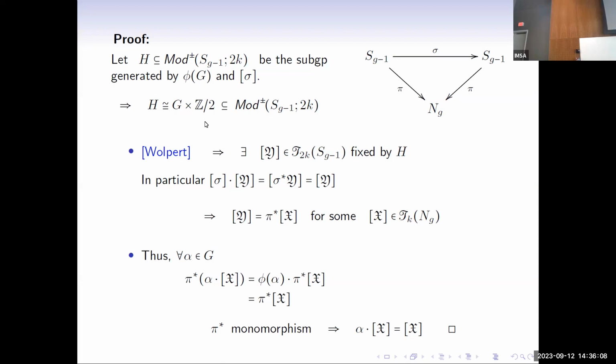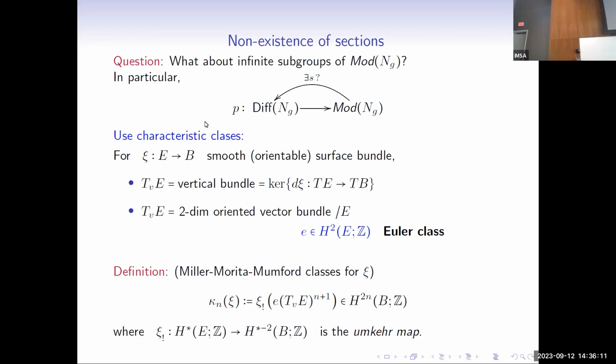Well, that's about it. So how do we look at the non-existent exceptions? Well, we use characteristic classes, right? So the story goes as follows. Suppose that you have a bundle π from E to B, a smooth bundle of surfaces, right? So you can pass to derivatives and get a map from the tangent bundle of E to the tangent bundle of B, and look at the kernel. Okay?